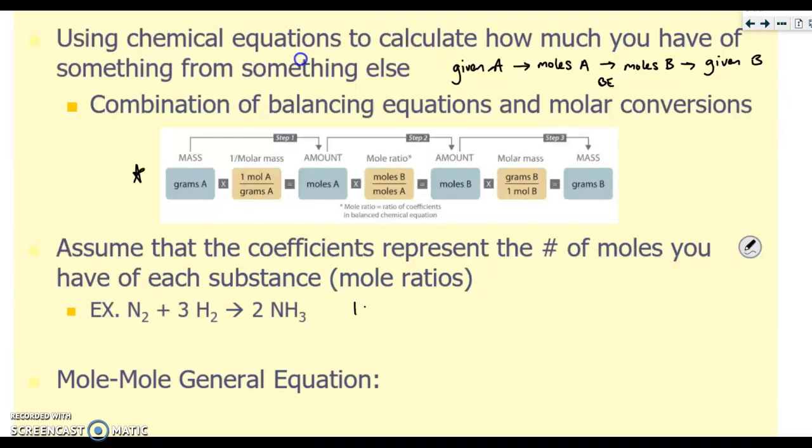So for example, you would have 1 mole of N2 for every 3 moles of H2. Or you'd have 2 moles of NH3 for every 1 mole of N2. There are quite a few others, but we're just using the coefficients to compare. Knowing what coefficients to use depends on the specific question and what it's asking.